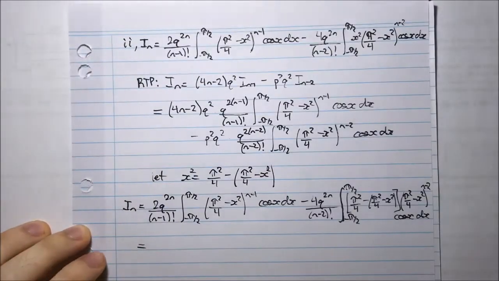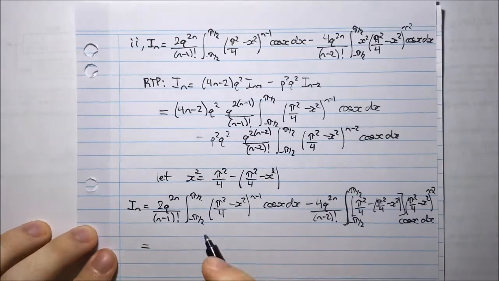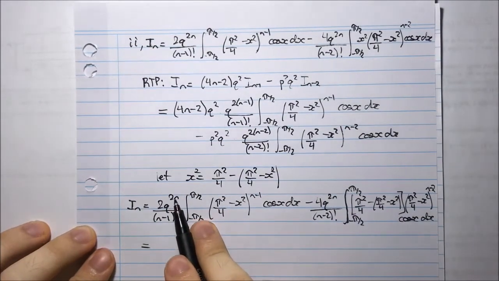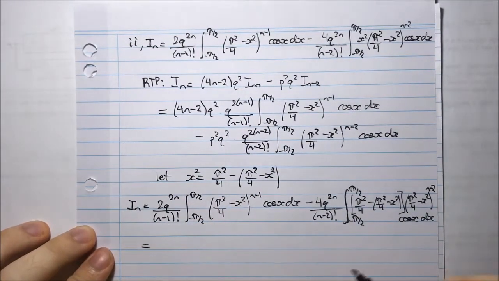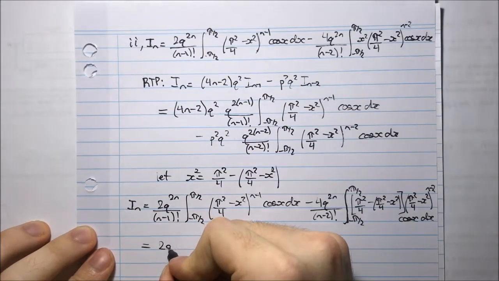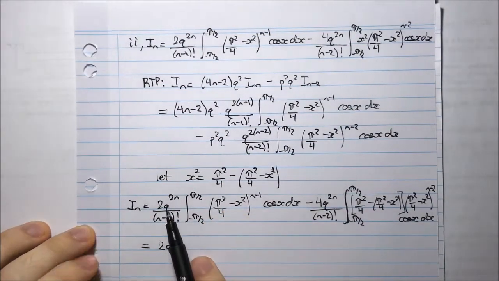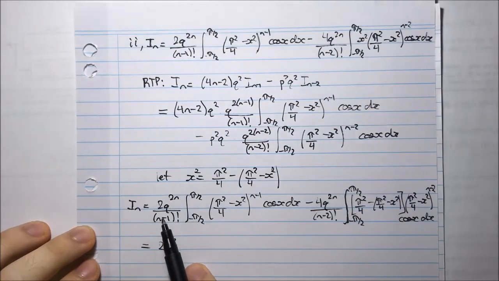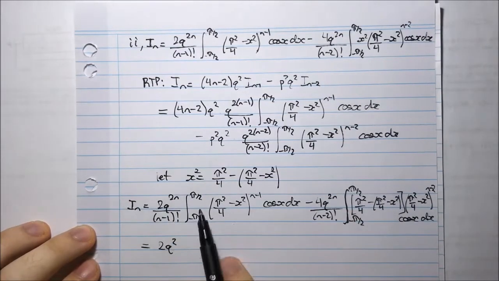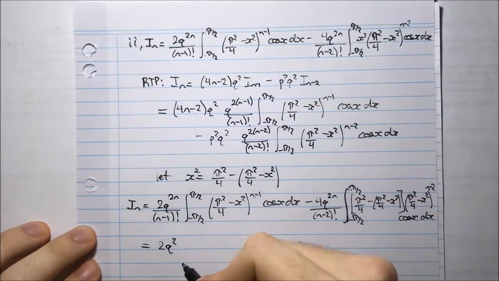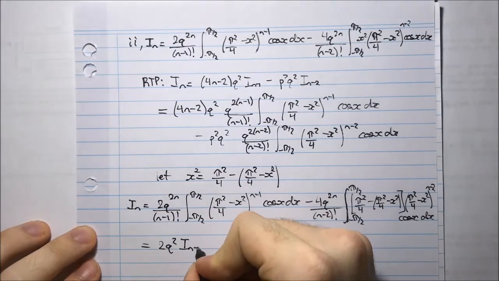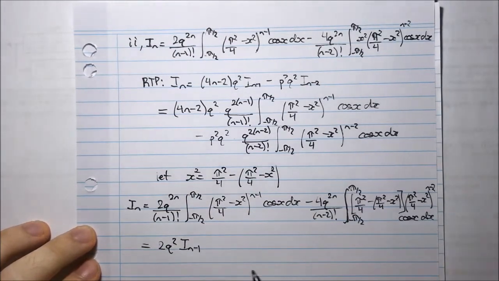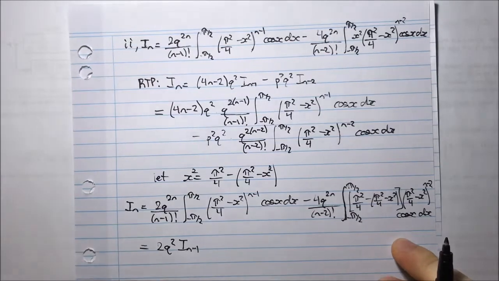So how can I get that? I have the n minus 1 factorial. How can I get q to the power 2n minus 2? Well, I can take out a q squared. So I'll have 2q squared, and then q to the power of 2n minus 2 over (n minus 1) factorial, multiplied by the integral, and that is exactly I_{n-1}. So that's convenient. We can write it like that for the moment.